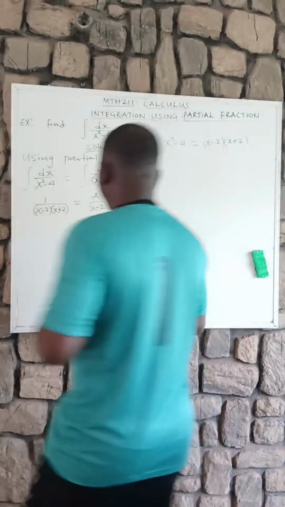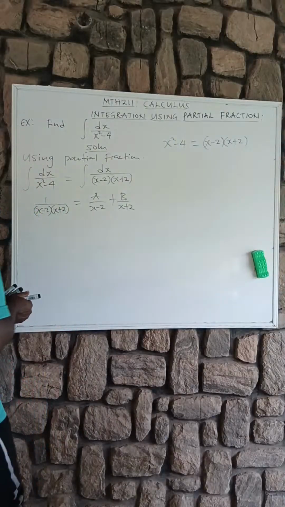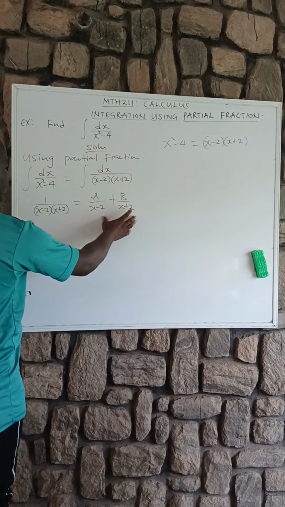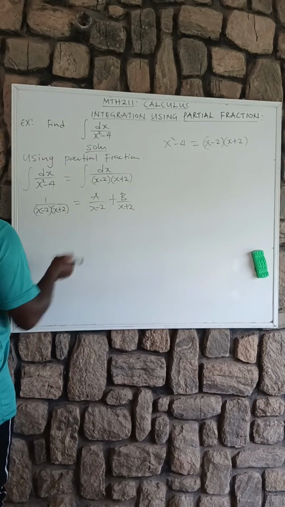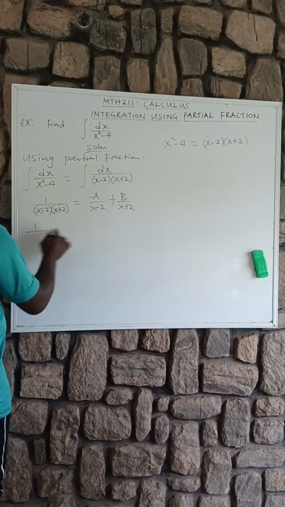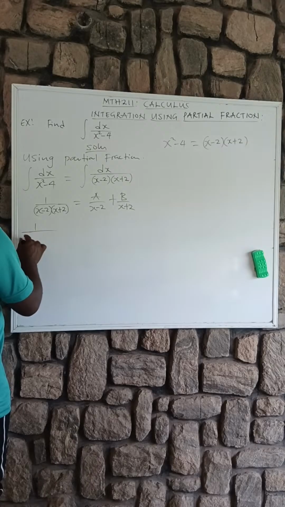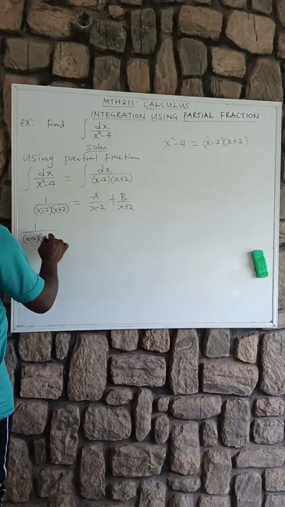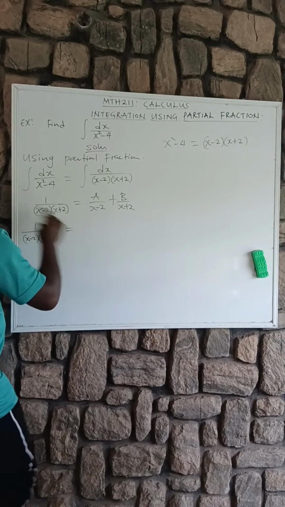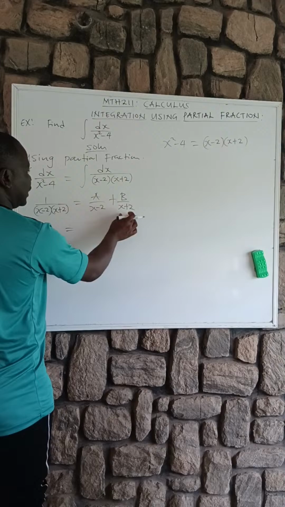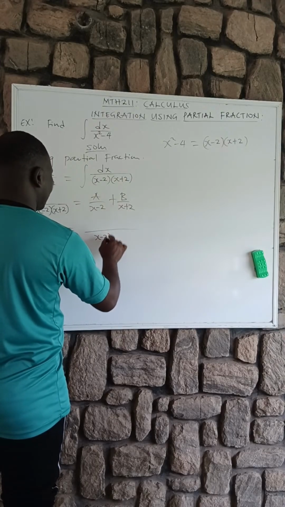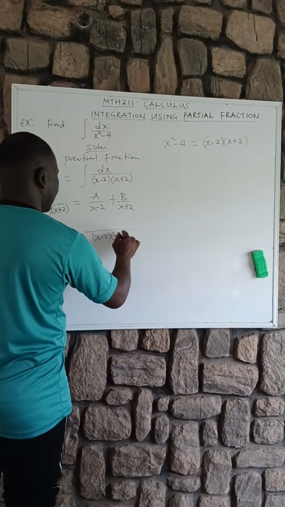So as you can see now, let us consider the right side. Take LCM, right? Then the left side will be 1 all over x minus 2 open bracket x plus 2, equals to the LCM of this and this, which is the same thing as x minus 2 open bracket x plus 2.